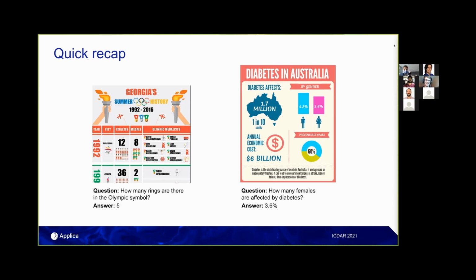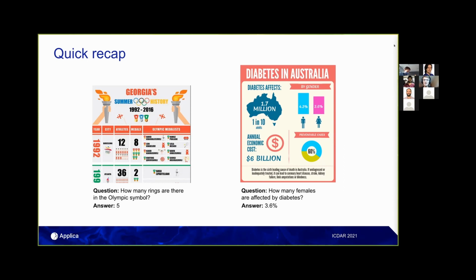Is it just the pre-trained knowledge, or is it actually looking at the rings? I'm also curious. It could be the learned knowledge also, so I'm not sure.